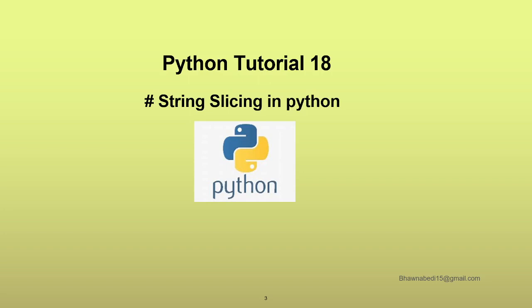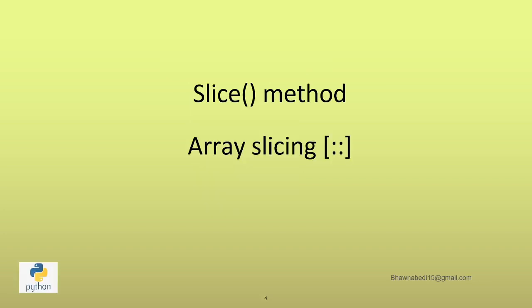When I say dynamic in nature, we have already seen how we can use indexing in Python to fetch the 0th element, the first element, the third element. But in case you want a window of elements sliced out, we go for slicing. Slicing can be done in two ways.